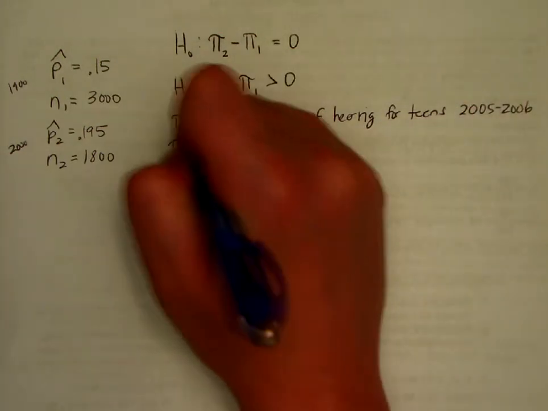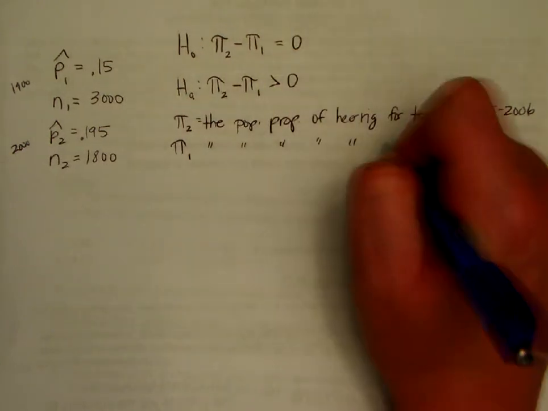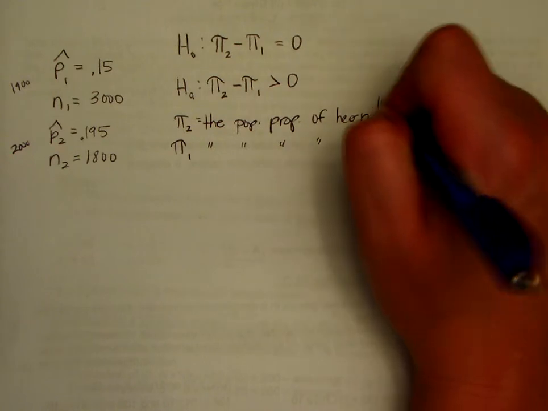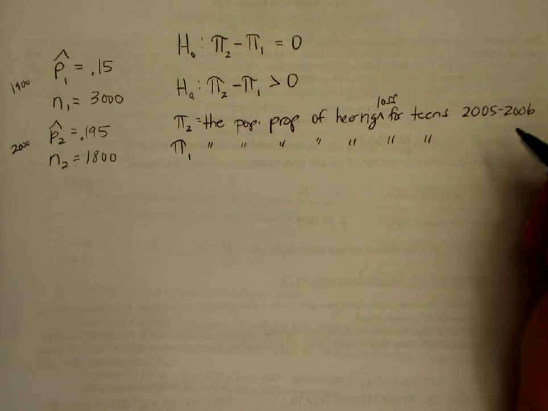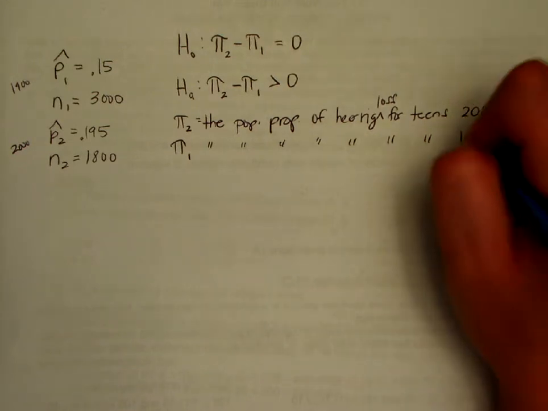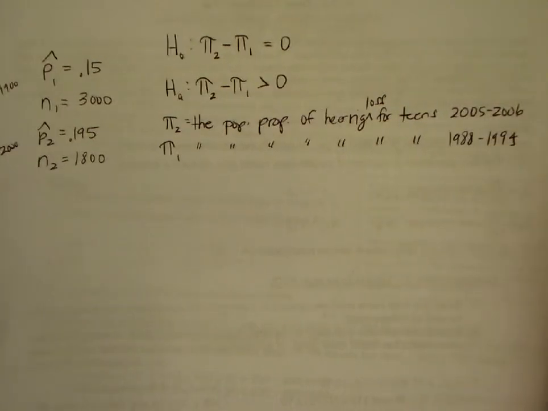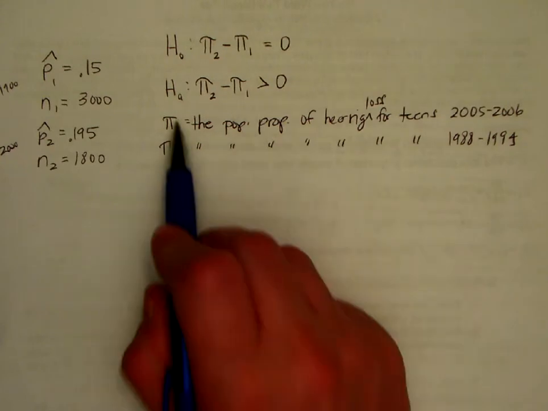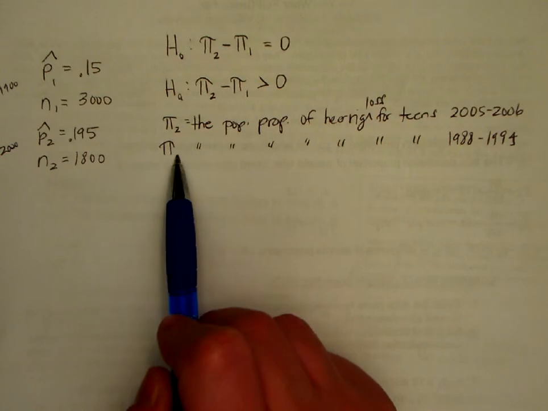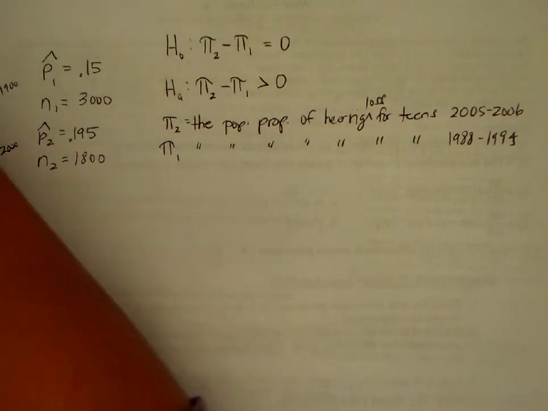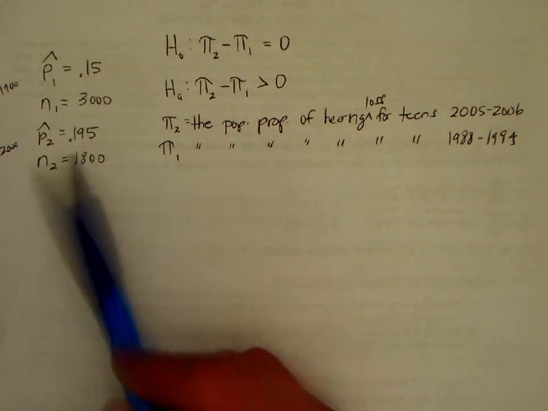Pi 1 is the population proportion of hearing loss for teens 1988 to 1994. So all that really has to be defined is pi 2 and pi 1, along with our H0 and HA because we're doing a significance test. I don't have to define the sample proportions; those are coming from samples.